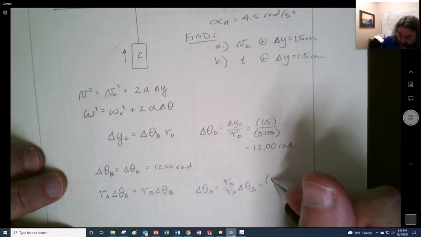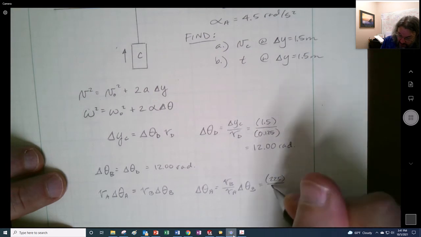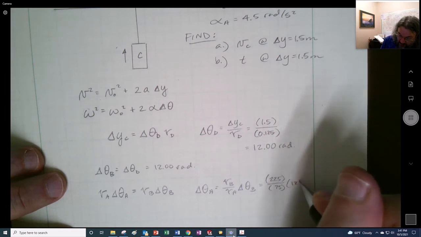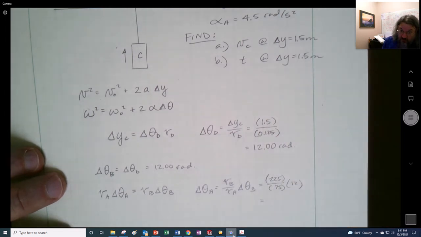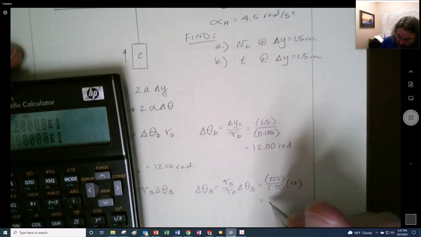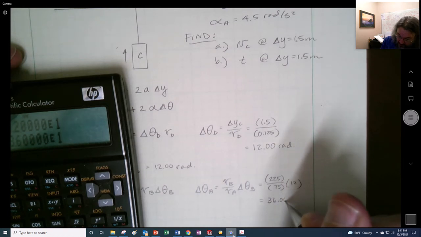So it's going to be 225 divided by 75 times 12, and we get that it's 36 radians.